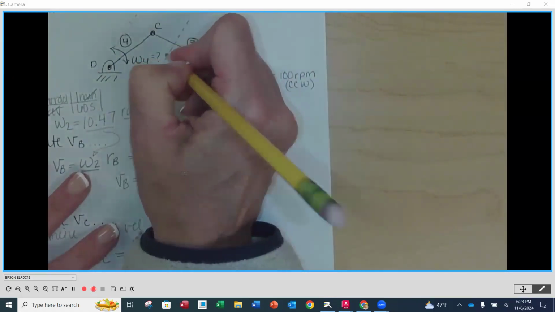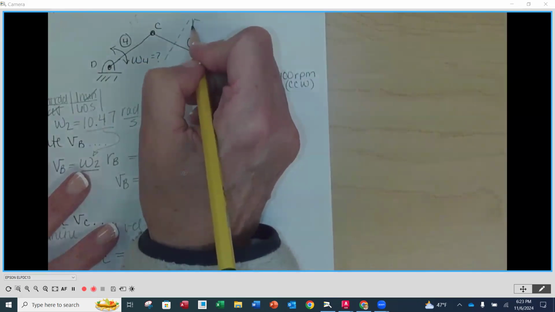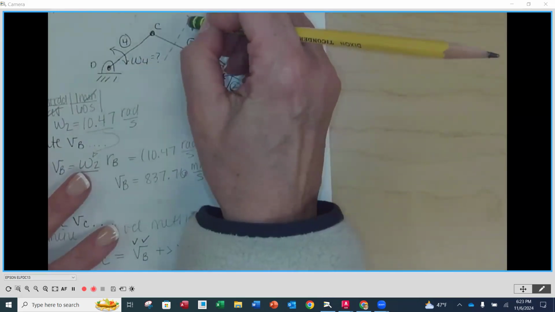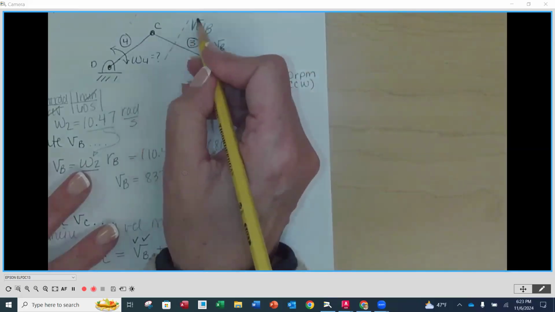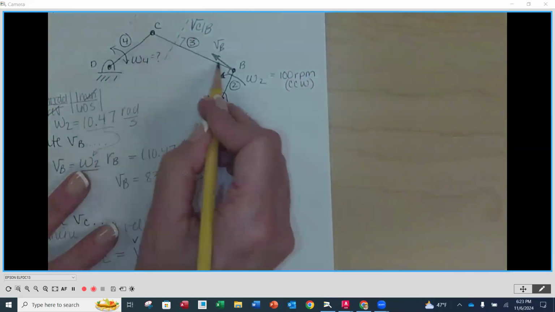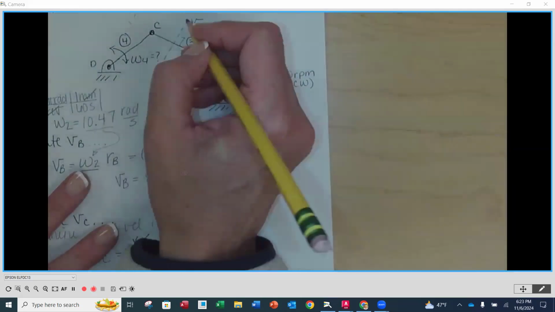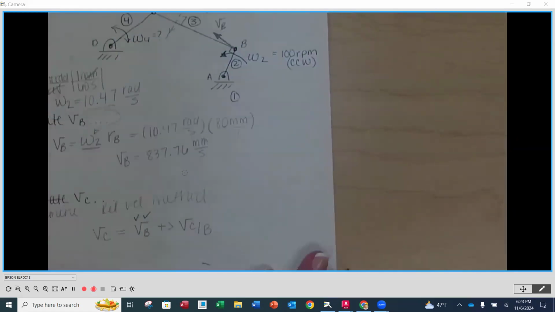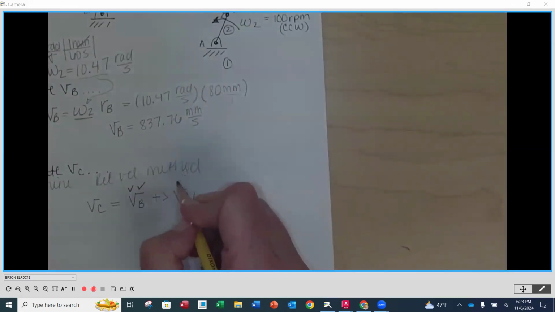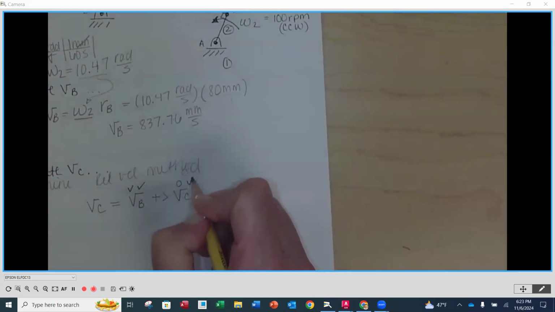The velocity of C relative to B is going to be on a line of action that is perpendicular to the link connecting C and B. And we don't know if it's going to go up and to the right or down and to the left, right? So we know direction, but we don't know magnitude.